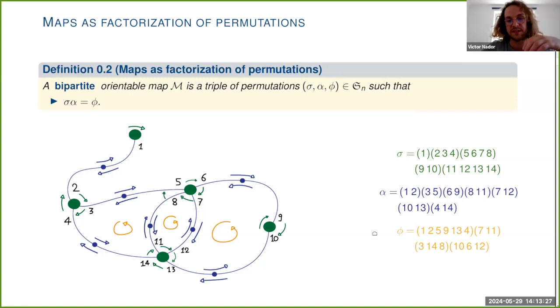And so typically the information will be encoded by the length of the cycles of your permutation. So if you want to do that, you can always sort these lengths by decreasing order. And so you can see that the information you care about is going to be encoded in a partition.